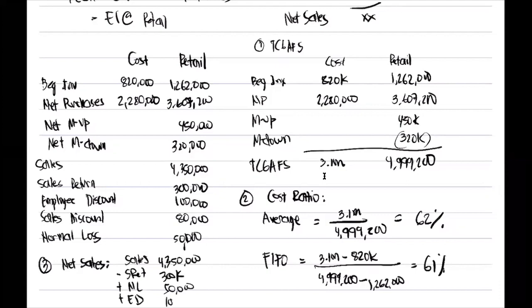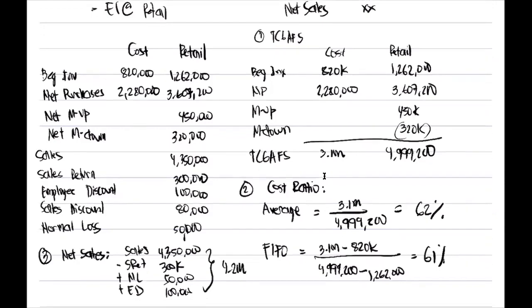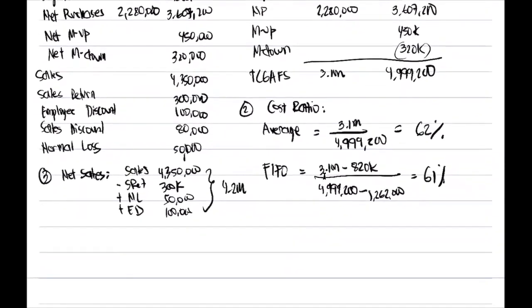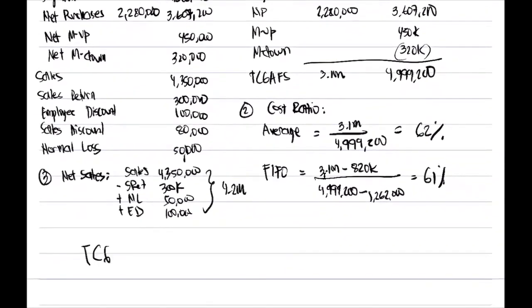And our employee discount is equal to 100,000. So how much is our net sales? So 4.35 million less 300,000 plus 50,000 plus 100,000 will give us 4.2 million.